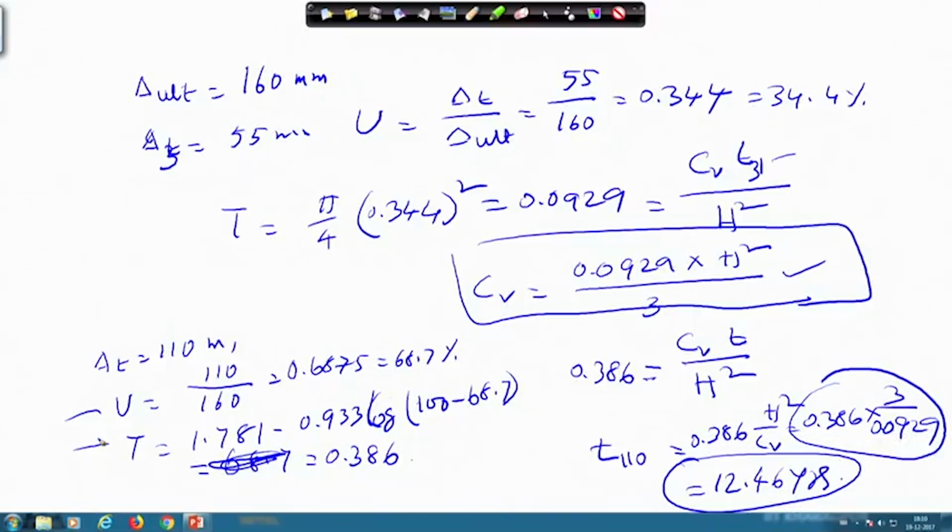That is why you have to remember these two equations of T versus U, the ones I have used here. Always remember them, and then by different combinations I can find the unknown parameter which is required. Okay.